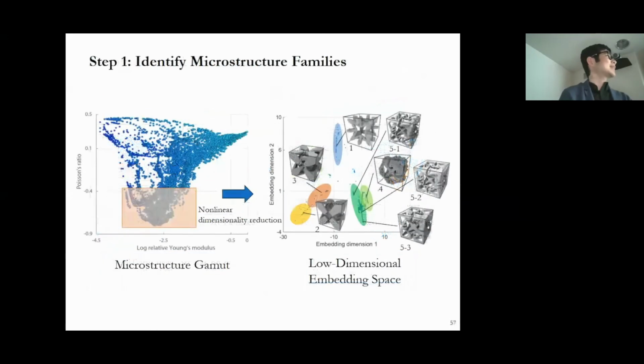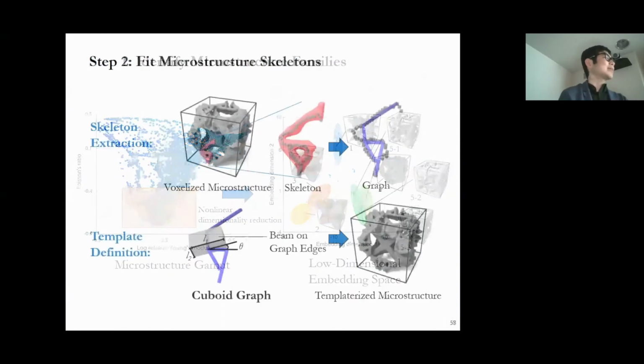Basically, we first look at this region with the negative Poisson ratio. We have sampled a lot of negative Poisson ratio structures, and we do some very standard data analysis or clustering techniques to map these, purely based on their geometric features, to a low-dimensional embedding space.